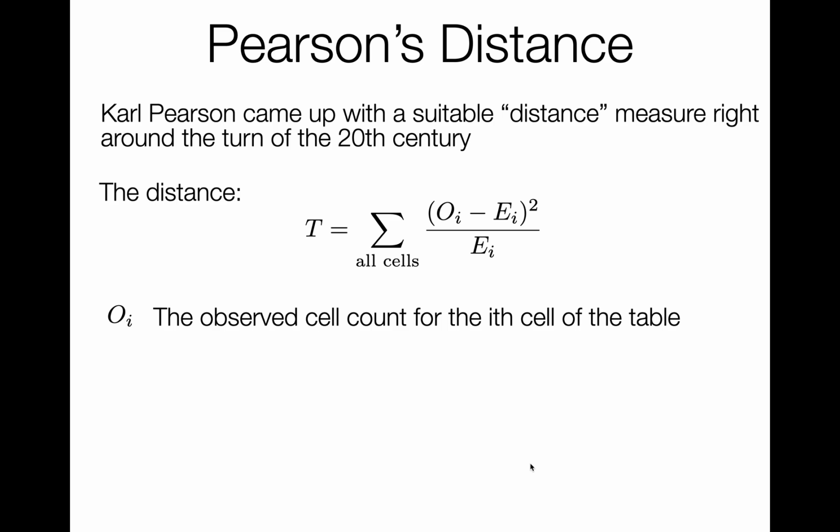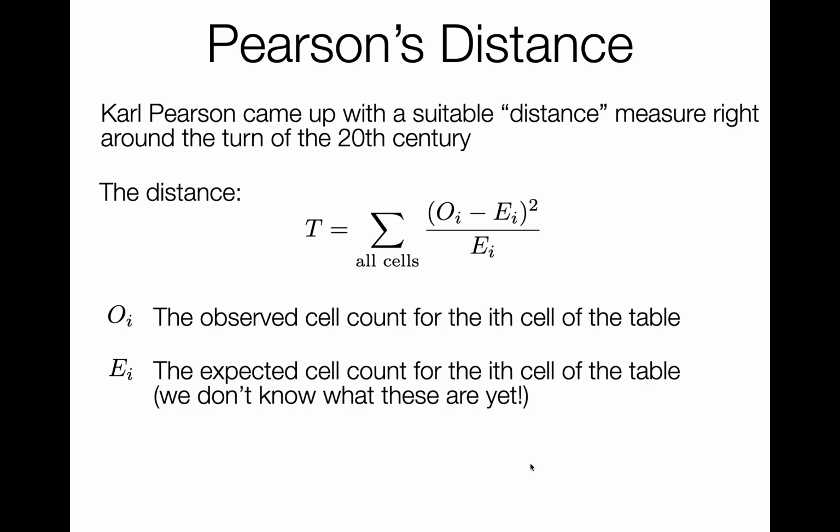And E sub i is the trickier one. It's the expected cell count for the ith cell of the table if the table was independent. So it's that null hypothesized value if in reality the variables were independent.